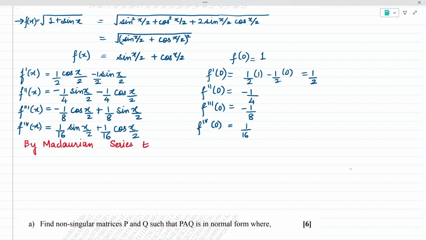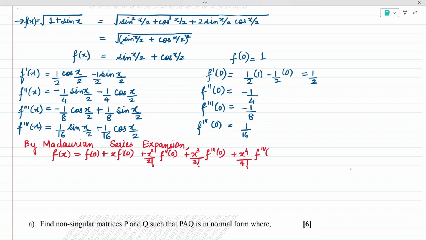By Maclaurin series expansion, you have the formula f of x is equal to f of 0, plus x times f dash of 0, plus x square by 2 factorial times f double dash at 0, plus x cube by 3 factorial times triple dash, plus x raised to 4 divided by 4 factorial times the fourth order derivative.